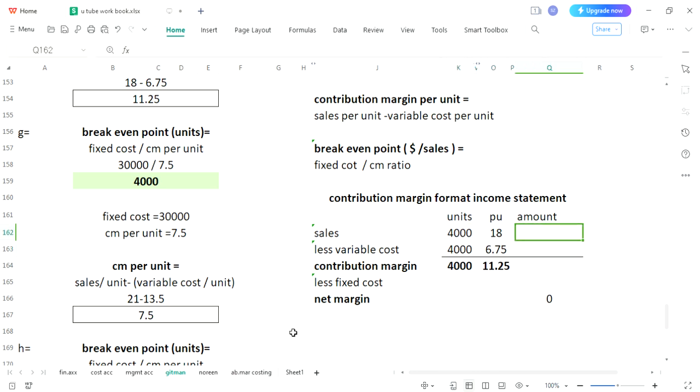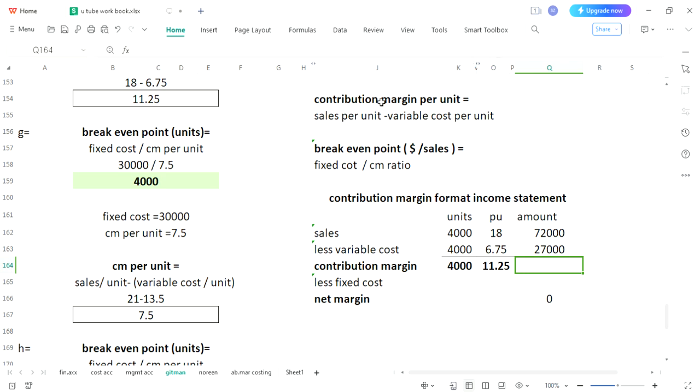Here you will calculate your amount, and you know very well amount would be calculated by multiplying units and per unit. Units are 4,000, and then you will multiply per unit sale price 18, you will get total price of sales. Units are 4,000, and you will multiply it with per unit variable cost 6.75, you will get total variable cost, and then contribution margin.